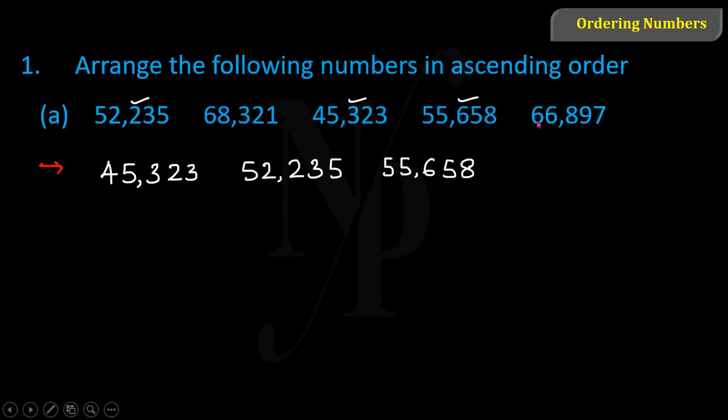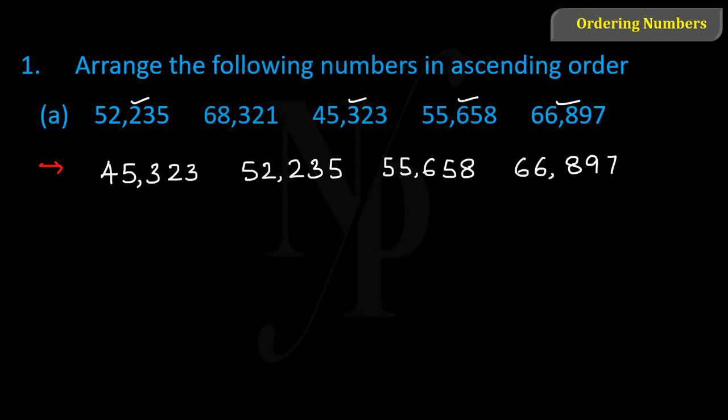Both have 6 in the 10,000's place, so we compare the thousands place: here we have 8 and here we have 6. Therefore 66,897 is smaller and we write it next.